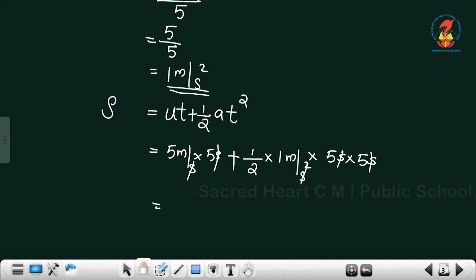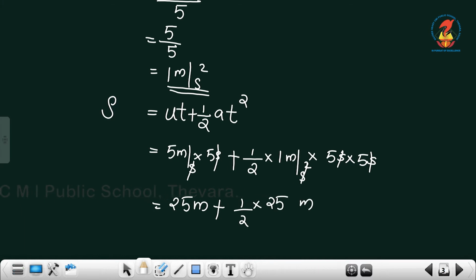Now what's remaining? 5 into 5, 25 meter plus 1 by 2 into 5 into 5, 25 by 2 meter.